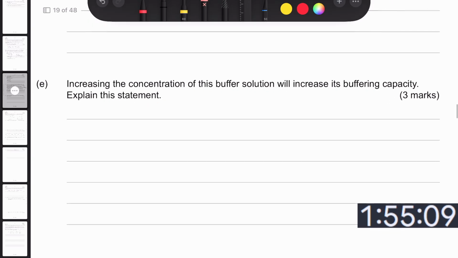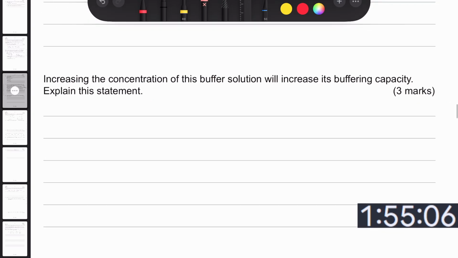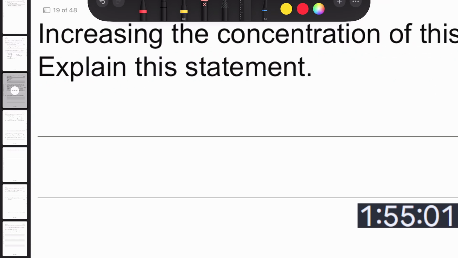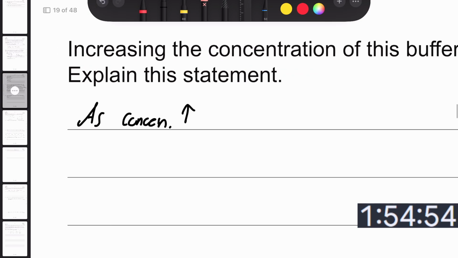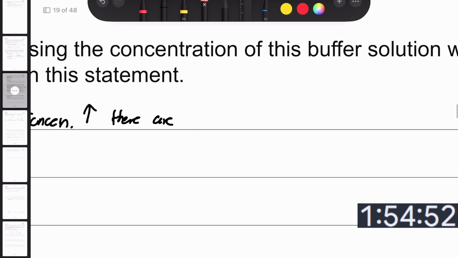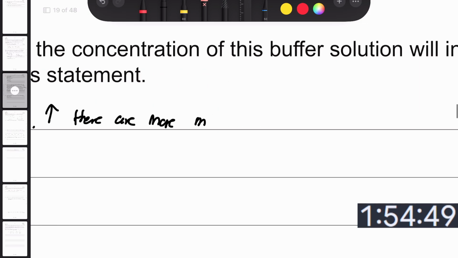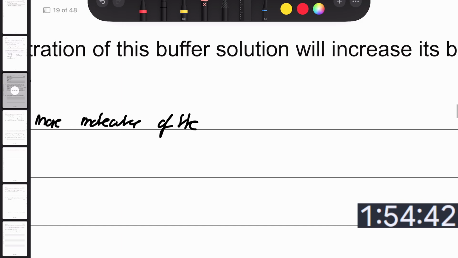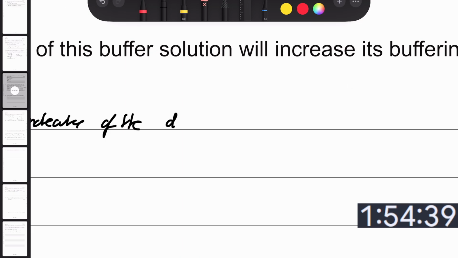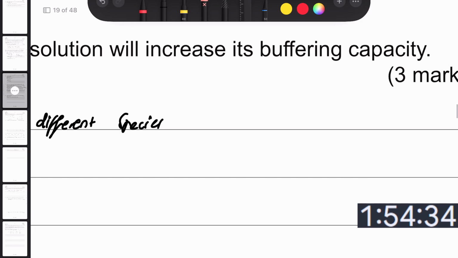Increasing the concentration of this buffer solution will increase its buffering capacity. Explain this statement. As concentration increases, there are more molecules of the different species in a given volume.